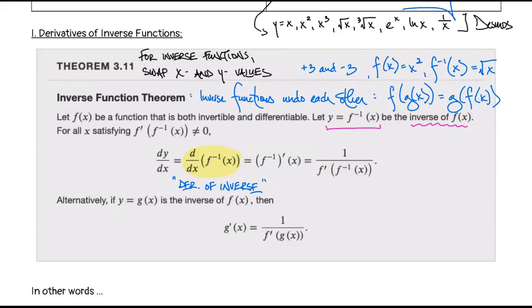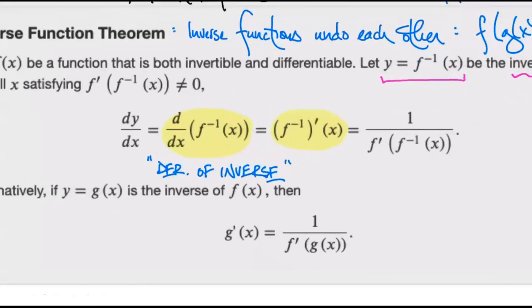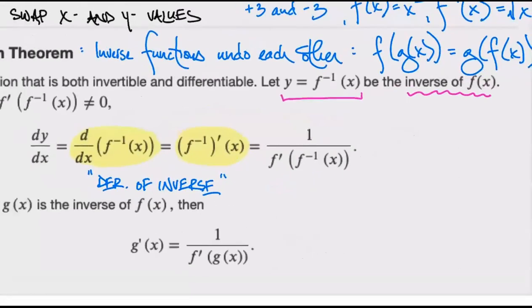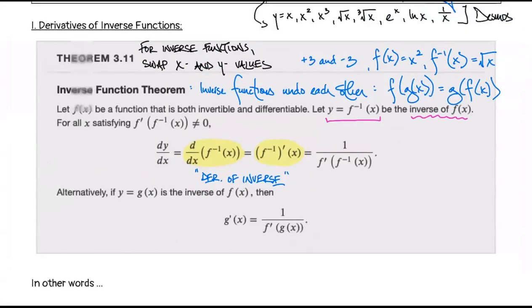It also means derivative of the inverse, okay? Now I did get a really great question yesterday about like, what do all these symbols mean? And I think it's important as you are seeing all these symbols to make sure you know which ones are the same, okay?